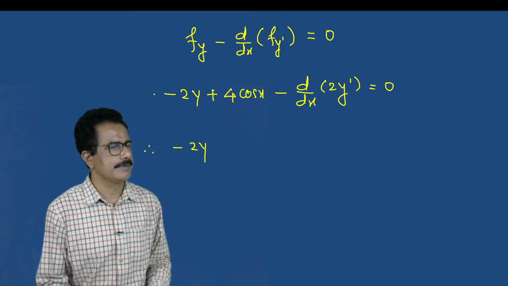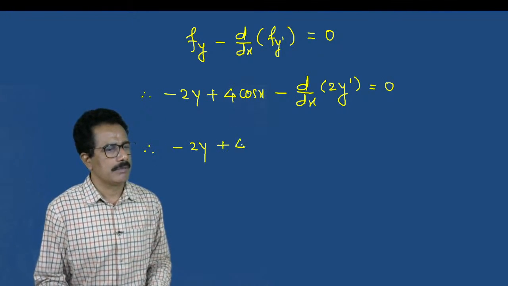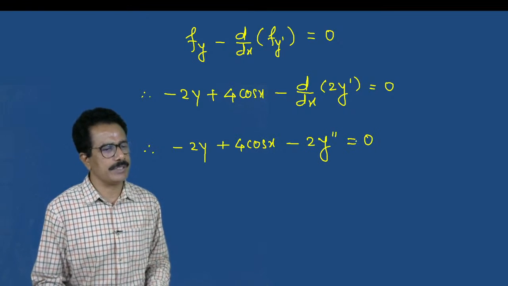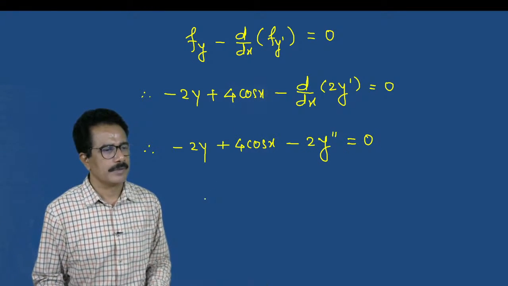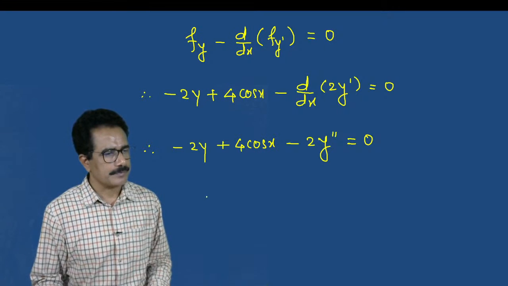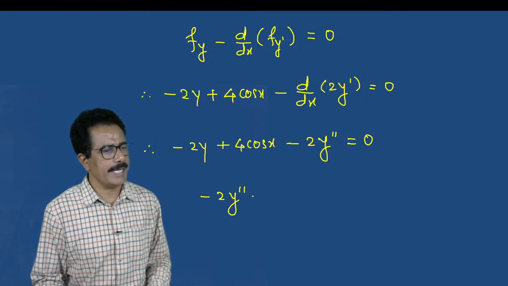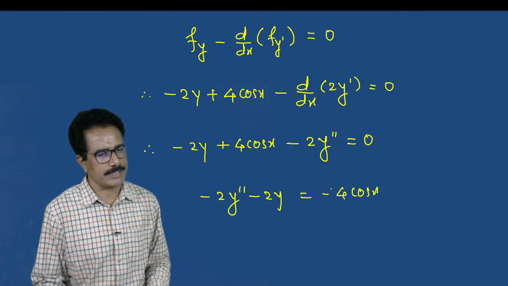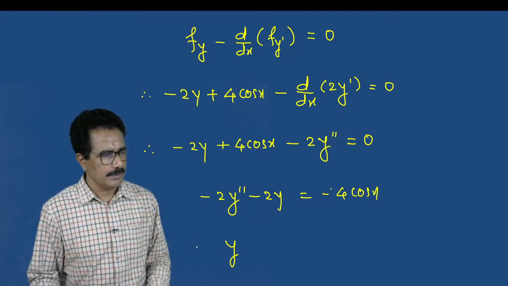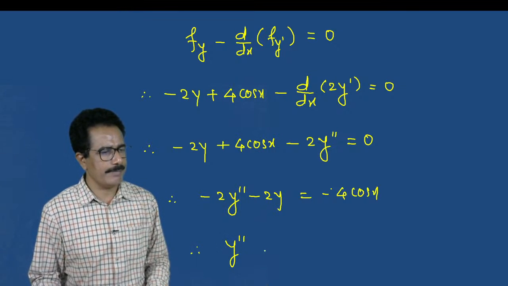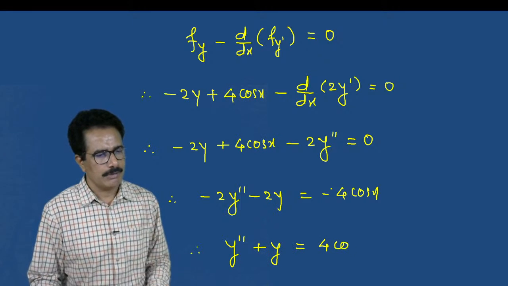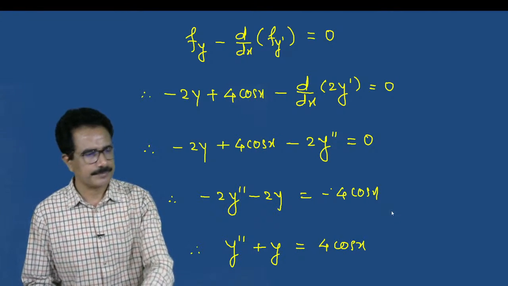Minus 2y plus 4 cos x minus 2y double dash is equal to 0. So minus 2y double dash minus 2y is equal to minus 4 cos x. So it will be y double dash plus y is equal to 2 cos x.